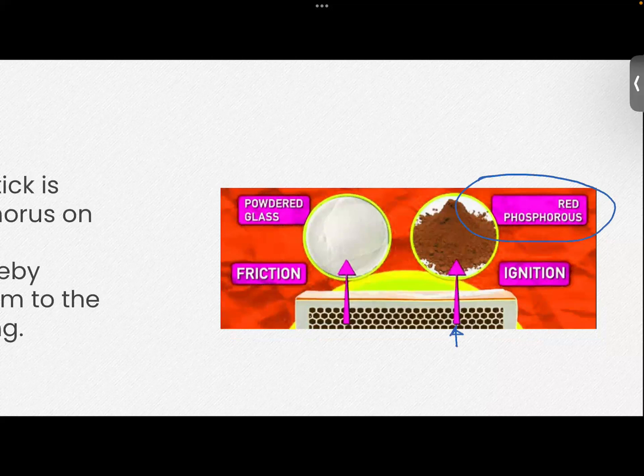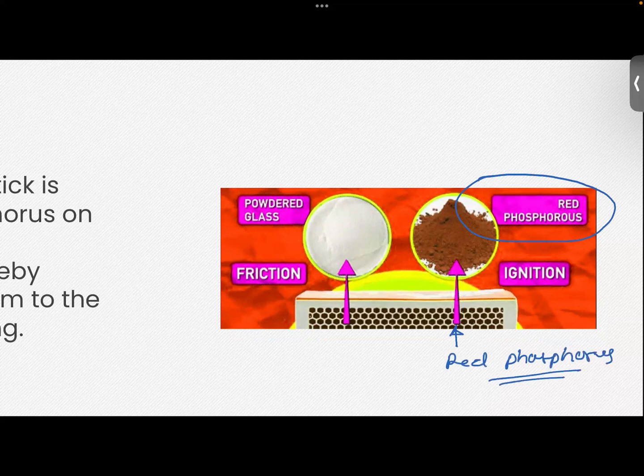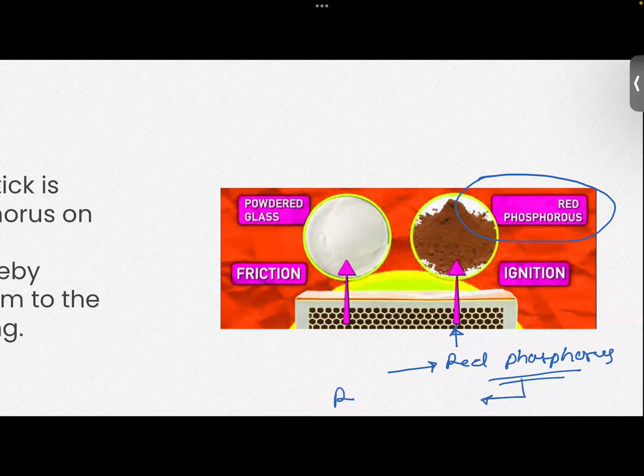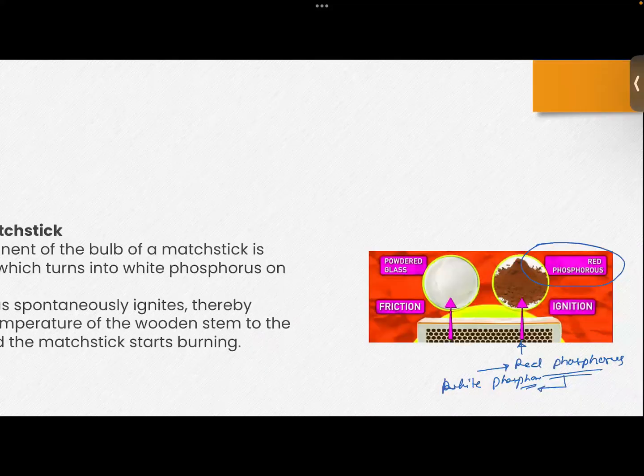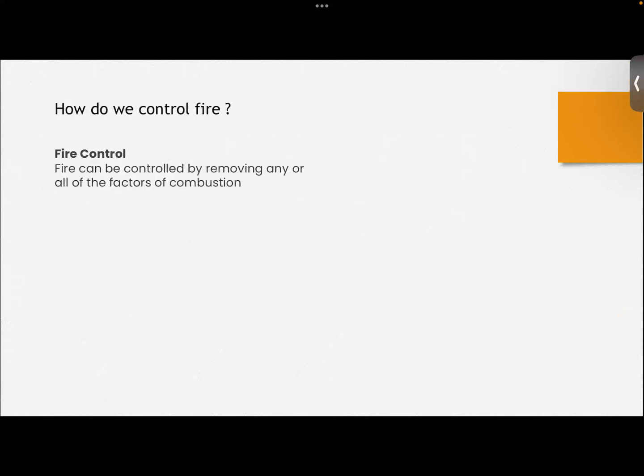In older times, white phosphorus was used, but it was harmful, so it was replaced with red phosphorus. Upon ignition, this red phosphorus converts to white phosphorus, and that white phosphorus is responsible for ignition.